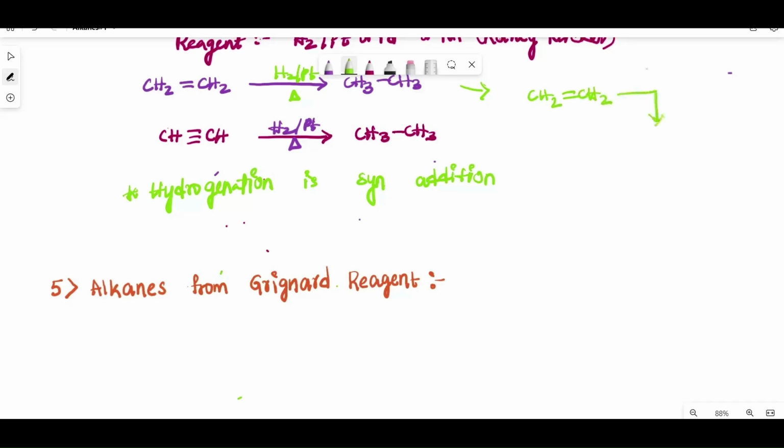Here, in the presence of hydrogen, platinum, and heat, we are getting CH3 CH3. We are just adding hydrogen by removing one of the bonds. So we are adding that hydrogen on the same side like this. This is called syn addition. So we should remember this point. Hydrogenation is syn addition.